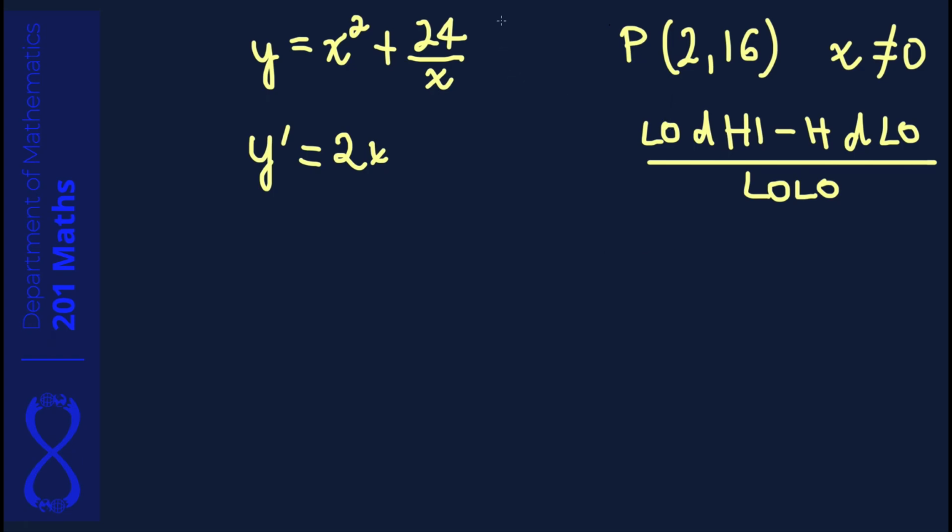If we plug the numbers for our second term, low is x, that gets multiplied by the derivative of high. High is 24, and the derivative of a constant is 0. And to this, we have to subtract high, which is 24, times the derivative of low. What we have is x to the first power.